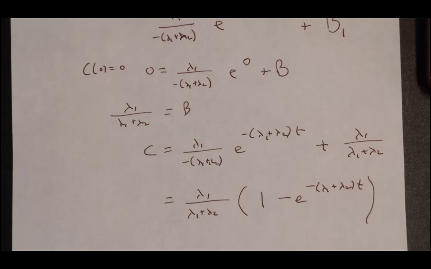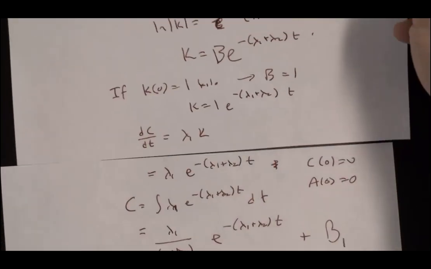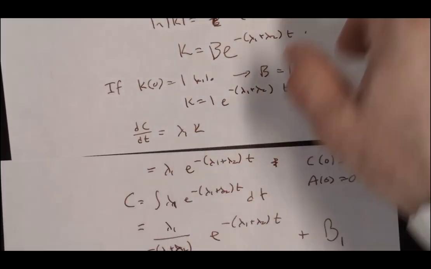Now, here's a question for you. What's the difference between the equations we just did for calcium and the equation for argon, the A of T? The only difference is here, and that means the only difference is going to be this lambda 1 out front.